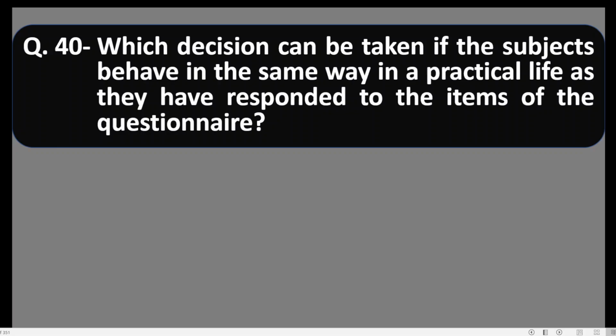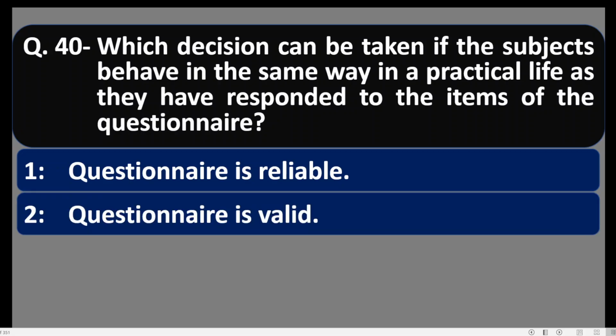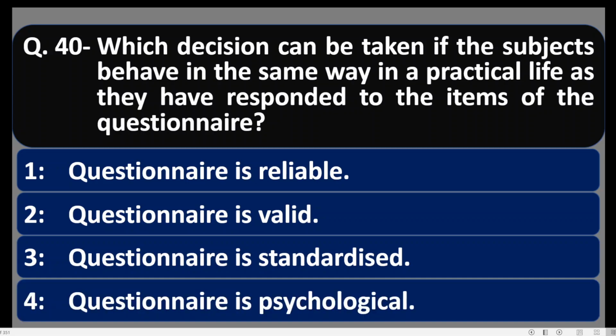Options: questionnaire is reliable, questionnaire is valid, number 3, questionnaire is standardized, number 4, questionnaire is psychological. If the subjects behave in the same way in real life as they have responded in the questionnaire, then we can say that the questionnaire is valid. This is the way of finding validity of questionnaire.